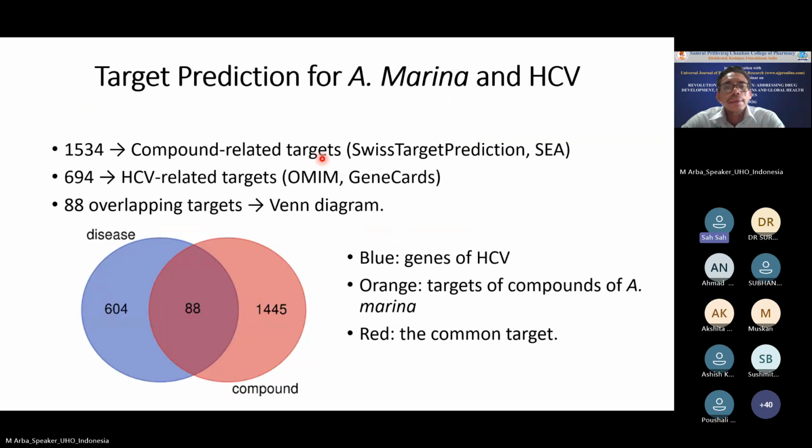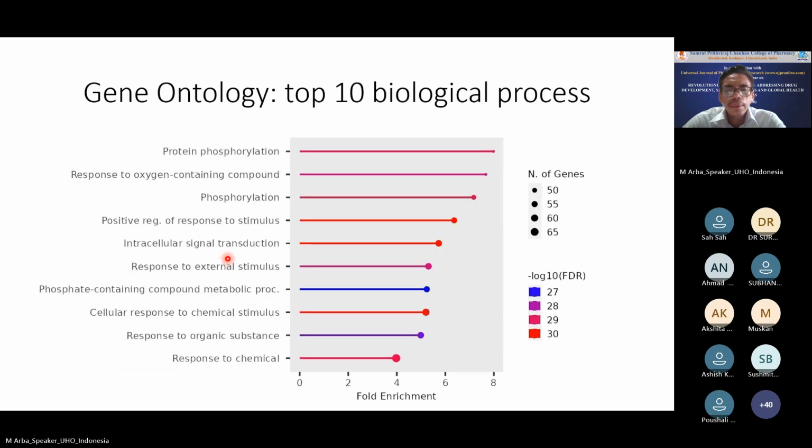And then we performed Swiss Target Prediction, and we found about 1,500 compound-related targets, and more than 600 HCV-related targets. And then we found 88 overlapping targets by using a Venn diagram.